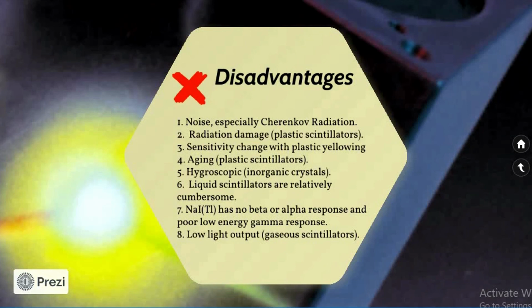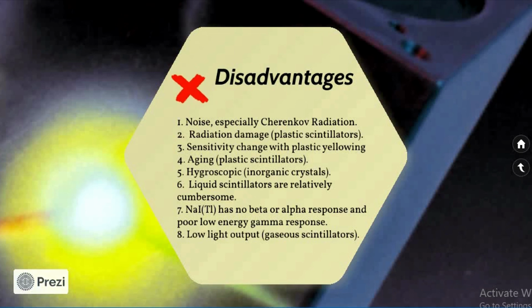Perhaps one of the biggest disadvantages of scintillator dosimeters is that they are highly susceptible to background Cherenkov light. This can be overcome by using a background subtraction counter, which requires another set of fibers and a multiplier tube.